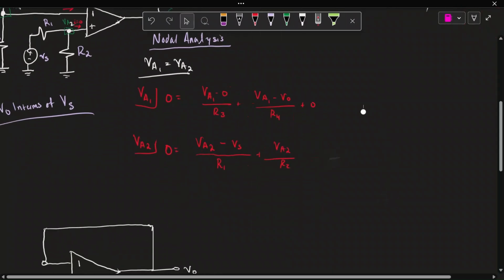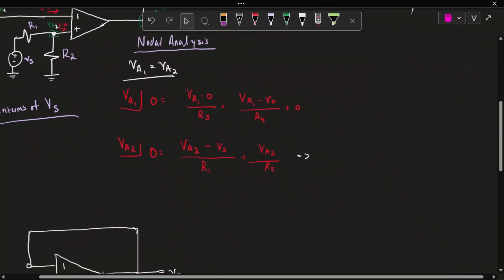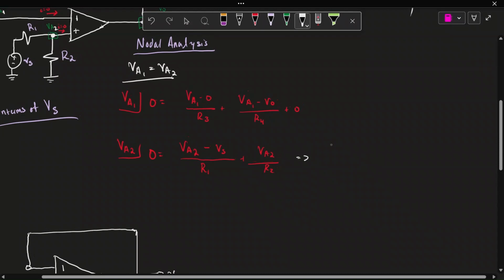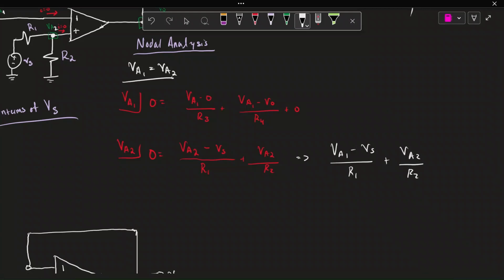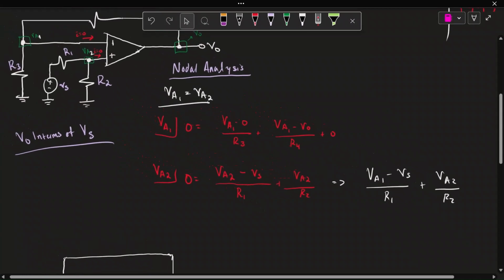VA1 is equal to VA2. Let's get these equations. So VA2 turns into VA1. So we have VA1 minus VS over R1 plus VA2 over R2. Can we solve for VA1 or VA2 in terms of VS?